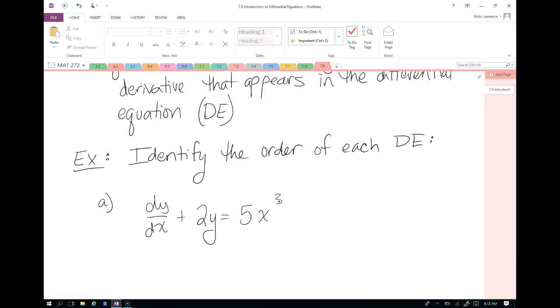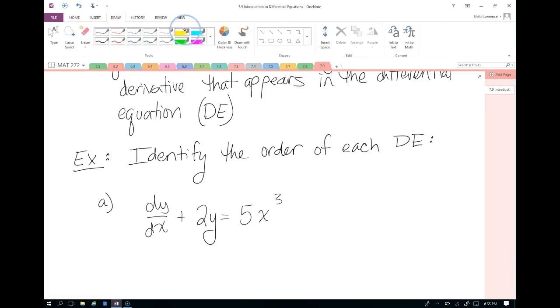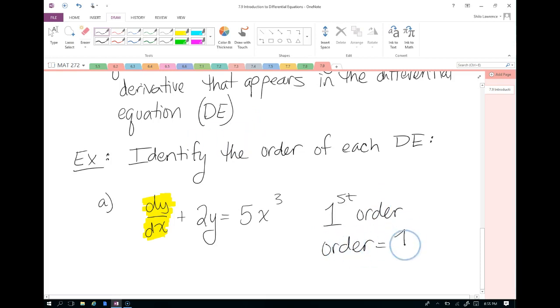And the order is purely dependent upon the derivatives that we see in there. And we only see one derivative in this problem, and it is a first order derivative. Dy dx means the derivative was just taken once. So this is first order, or you could say order equals 1.